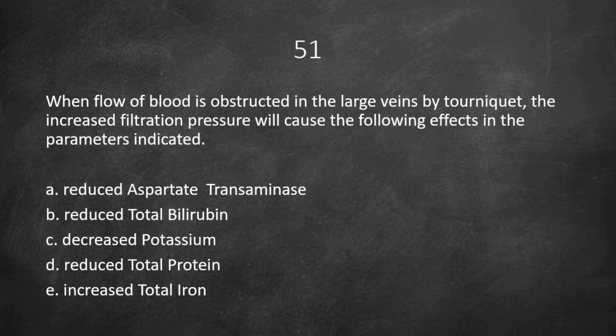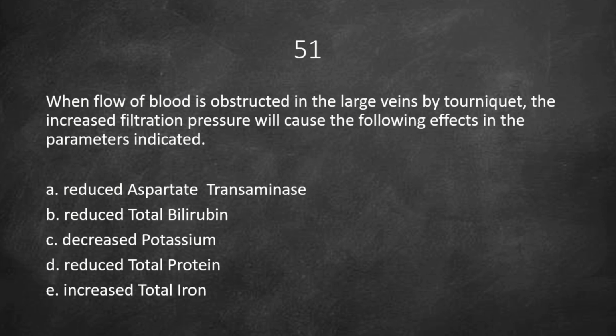AST is more related to liver conditions rather than increasing when there is hemoconcentration due to a tourniquet. Then if you look at bilirubin, it is not directly influenced by the use of tourniquet.